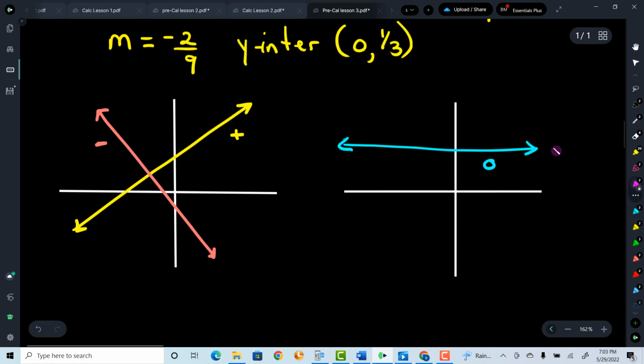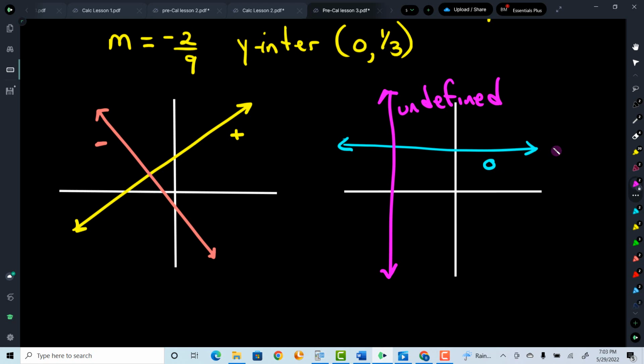And then we have an undefined slope. So undefined slope is a vertical line. So why is this pink line called undefined where the blue one's called a zero slope? Well, let's just pick a couple points here, right? So let's just pick, we'll call this negative 1, 2.